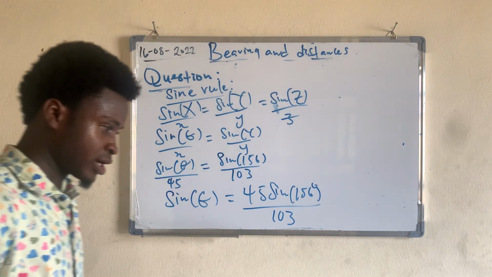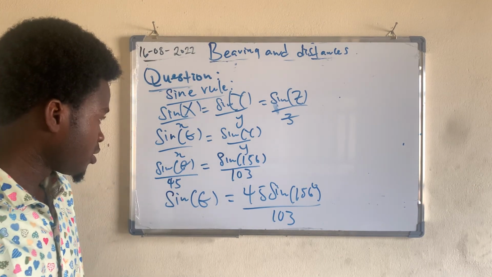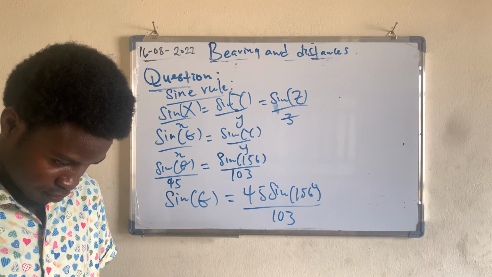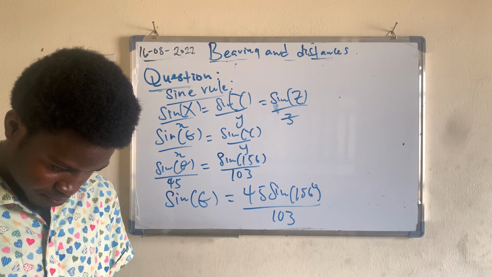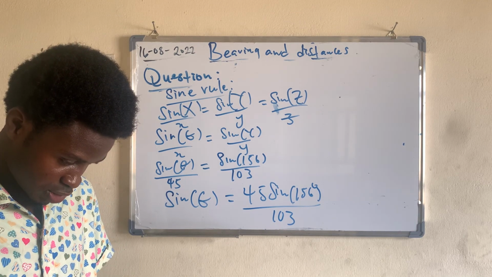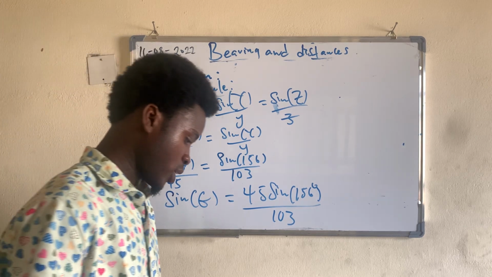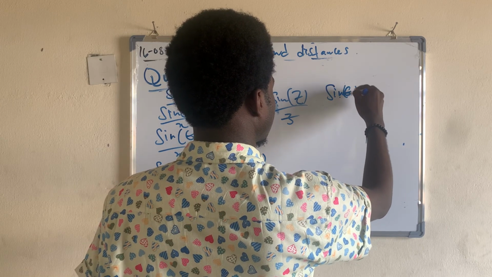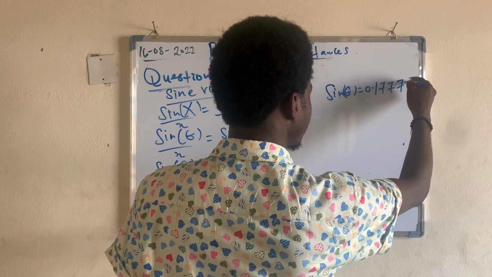So we punch this in our calculator. 45 sine 156 divided by 103, that gives us 0.1777. So we have that sine theta is 0.1777.